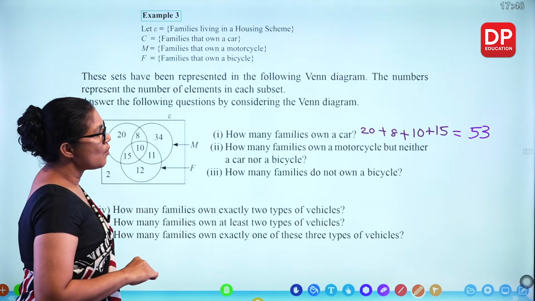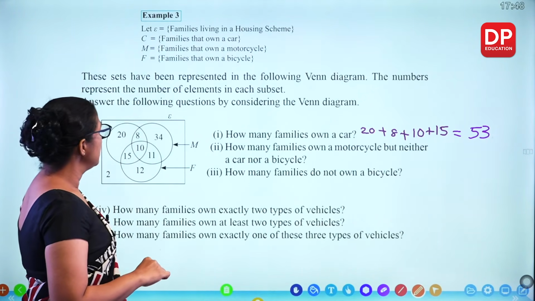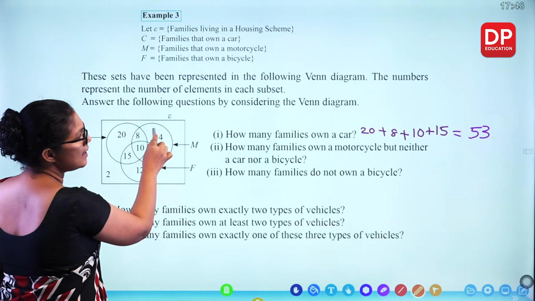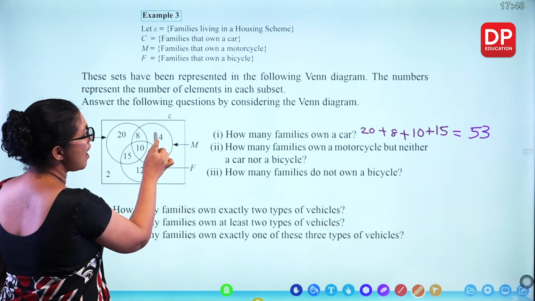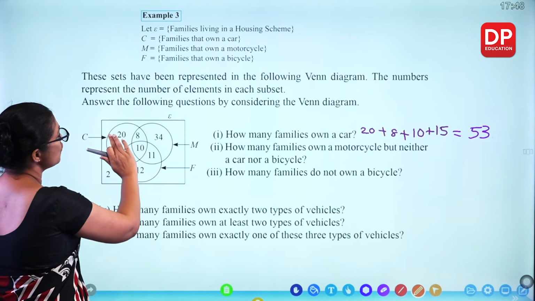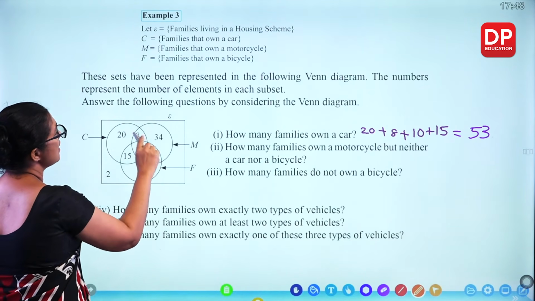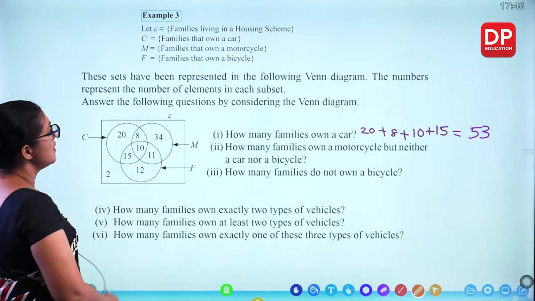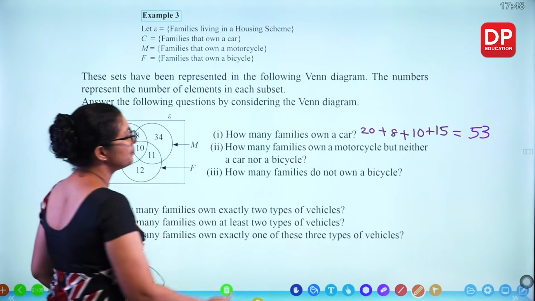How many families own a motorcycle, but neither a car nor a bicycle? So outside these two circles, but owns a motorcycle. 34.